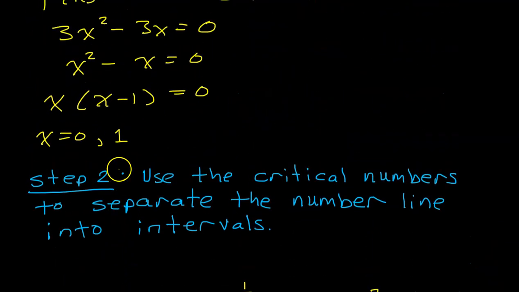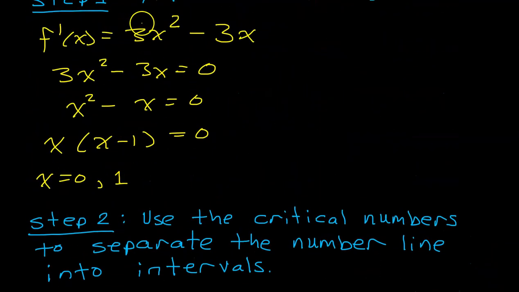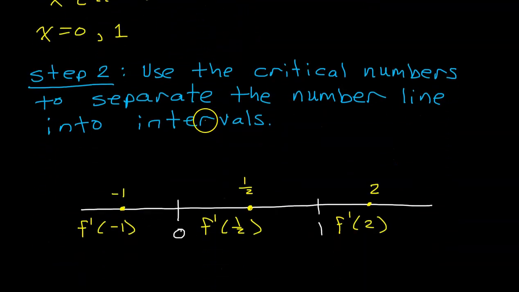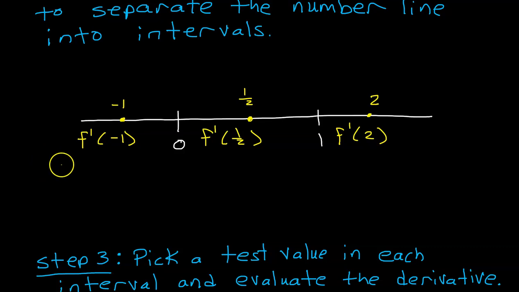So remember, we have an expression for the derivative, 3x squared minus 3x. So that's going to be 3 times negative 1 squared minus 3 times negative 1.